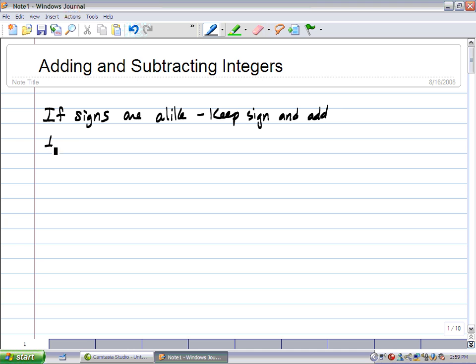If the signs are different, we're really subtracting the absolute values or the plain number parts. So we subtract and keep the sign of the larger.